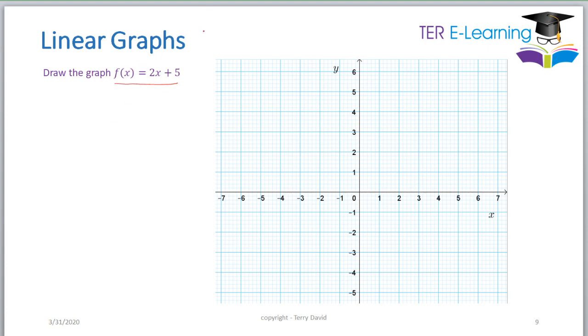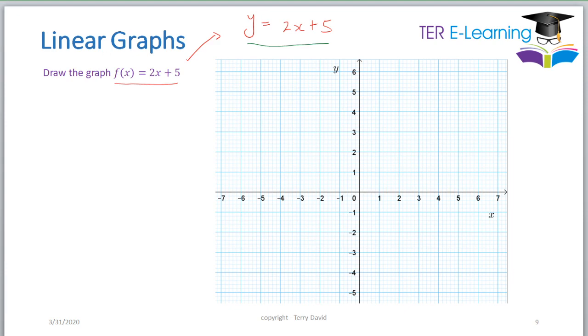Now, another way we could have written this is draw the graph y is equal to 2x plus 5. So in the exam, they can ask draw the graph f of x equal to 2x plus 5, or they can say draw the graph y is equal to 2x plus 5. It is the same thing, okay?